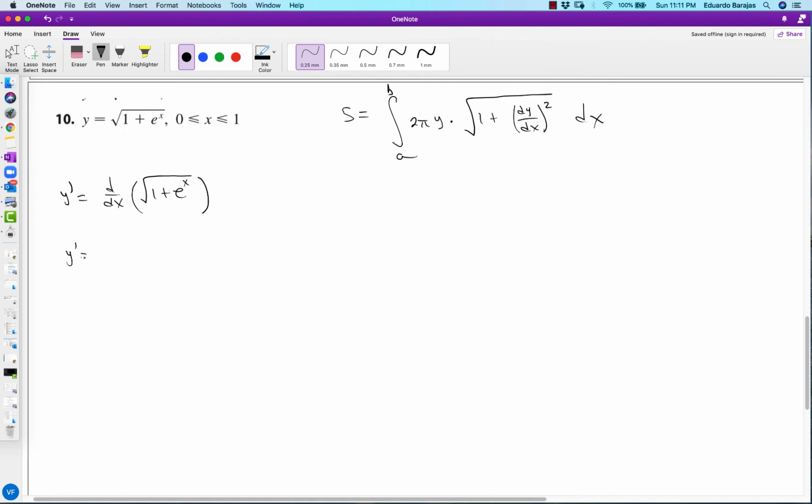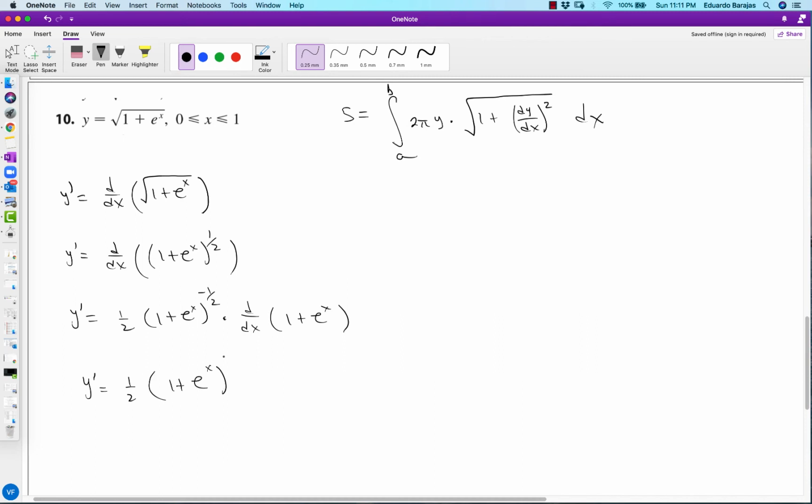Okay, so y prime is equal to d/dx of (1 plus e to the x) raised to the power of positive 1/2. So y prime equals 1/2 times (1 plus e to the x) raised to the negative 1/2. And then chain rule, multiply it times the derivative with respect to x of the 1 plus e to the x, which means that y prime is equal to 1/2 times (1 plus e to the x) to the power of negative 1/2 times, and then the derivative of this is just going to be an e to the x.